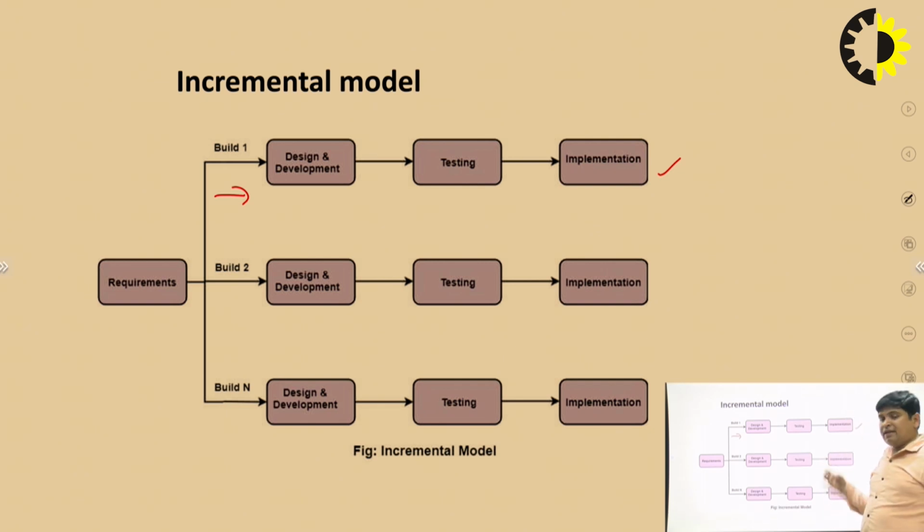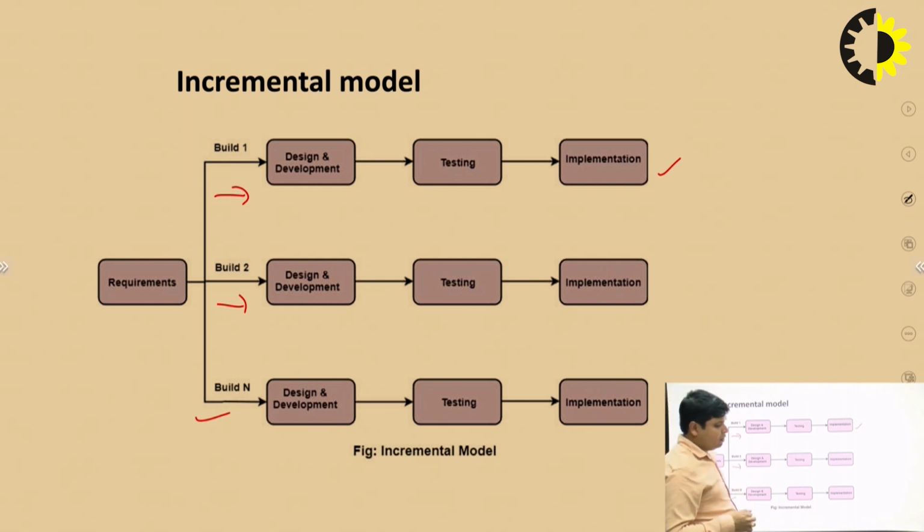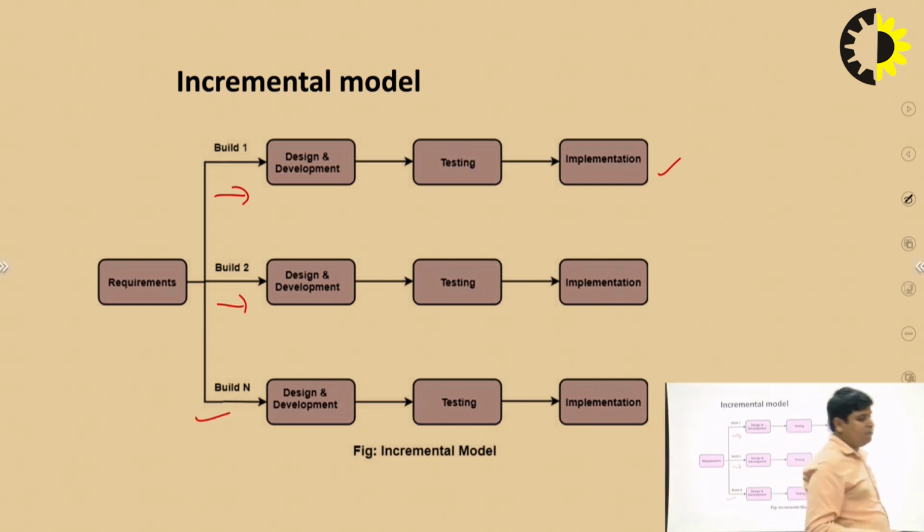Then, taking those problems and issues, build 2 will go with the same strategy and cover all the problems that were found. Similarly, we have build 1, 2, 3, and as many builds as our requirement needs. Okay. So this scenario is the incremental model.